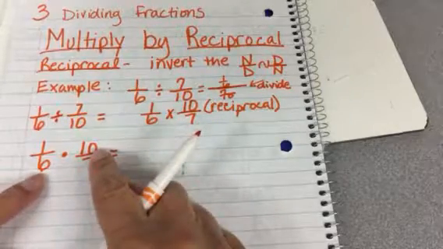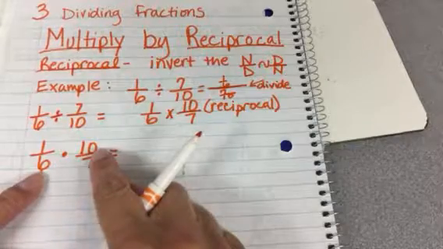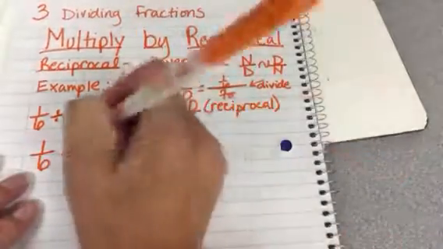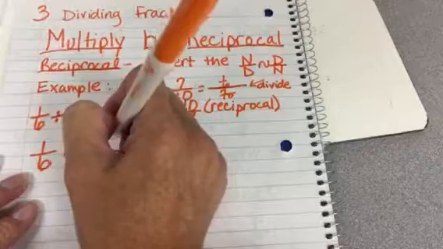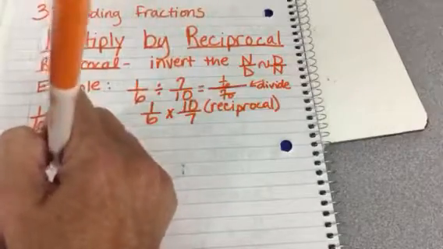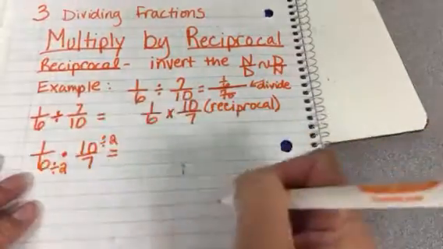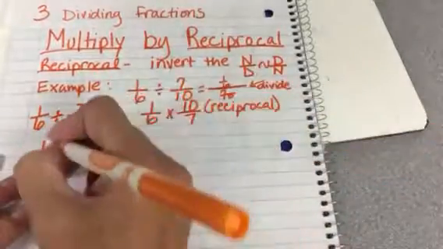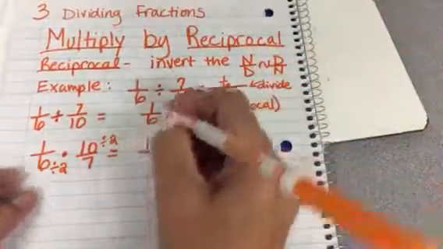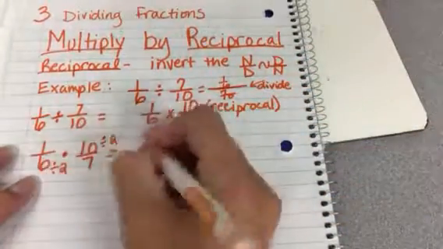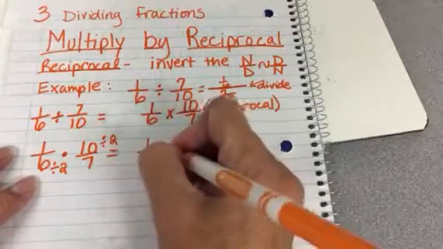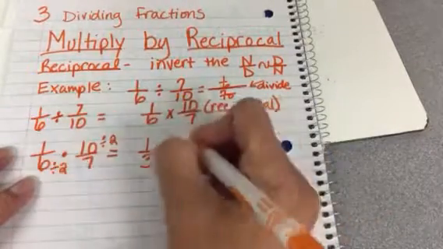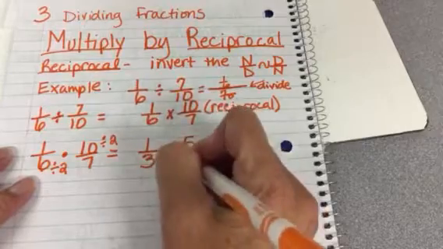But if I look at my 6 and my 10, I can reduce these both by 2. So I'm going to divide the numerator and the denominator both by 2. So my fraction will change from 1/6 to 6 divided by 2 is 3, and 10 divided by 2 is 5, over 7.